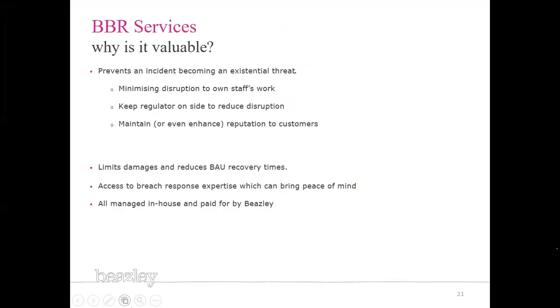This process involves lots of very clear communication. It's all paid for and managed in-house, so it's not that the insurer pays and we reimburse them. We make all the payments, so it limits the cash flow issues. And in a nutshell, even though it's an insurance, it's really buying a service or buying a plan.